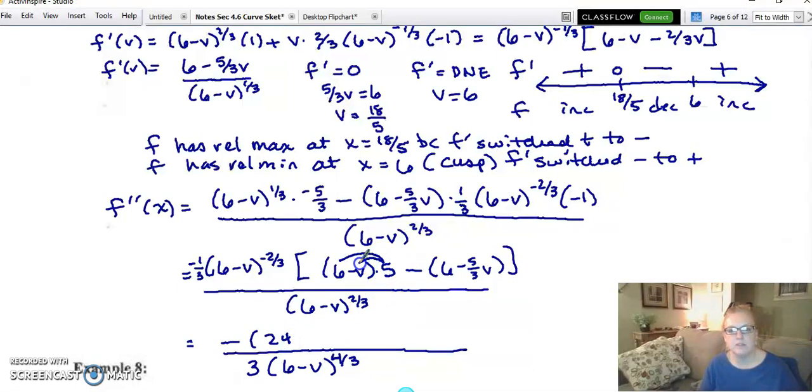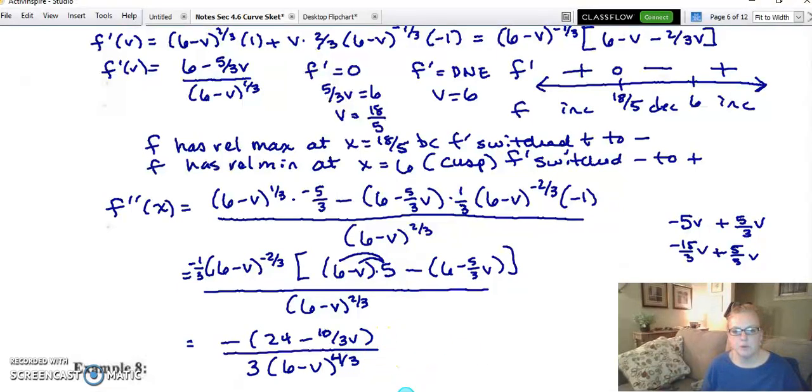And then minus 5v plus 5/3 v, which is minus 15/3 v plus 5/3 v, so minus 10/3 v, for our second derivative.